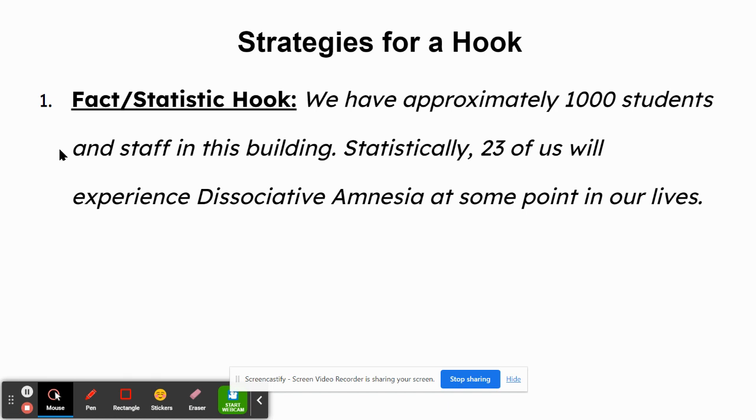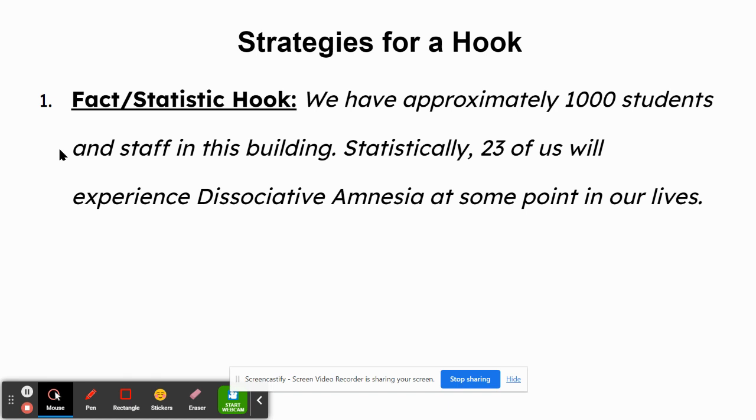So I did the quick math on that. That's basically 1.8% of all people. But I looked at some other things here. We have approximately 1,000 students and staff in this building, and that tells me that statistically speaking, 23 of us will experience dissociative amnesia at some point in our lives.